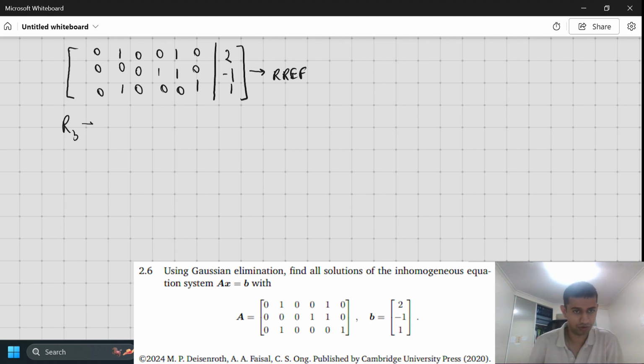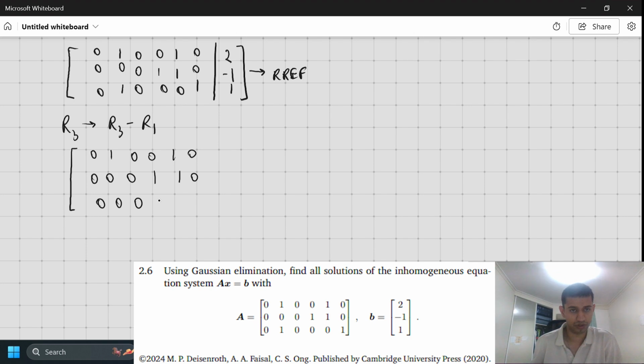Let's perform a few row operations. So let's go R3 minus R1, and this will keep the first row unchanged and the second one as usual. It's an obvious expectation, but then this would be 0 0 0 0 minus 1 1 2 minus 1 minus 1.